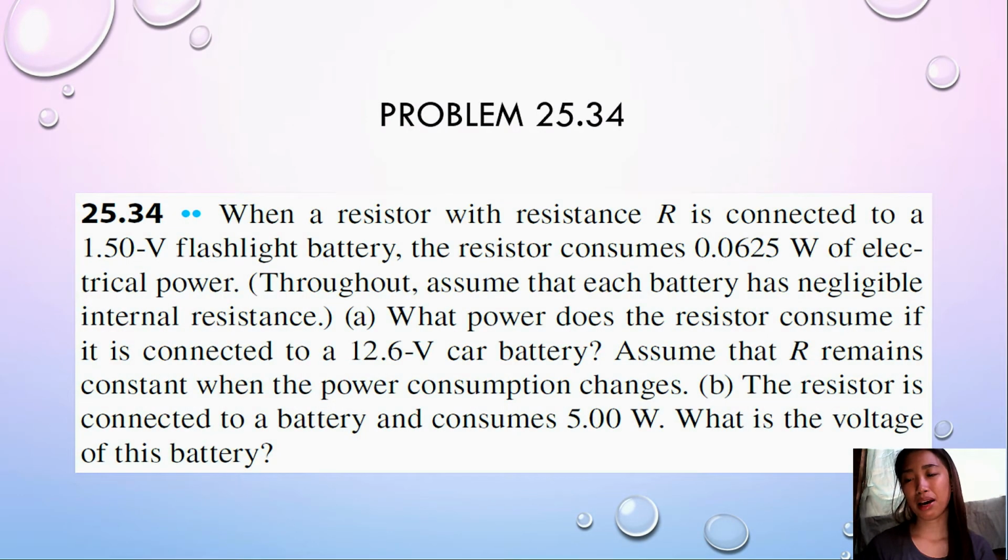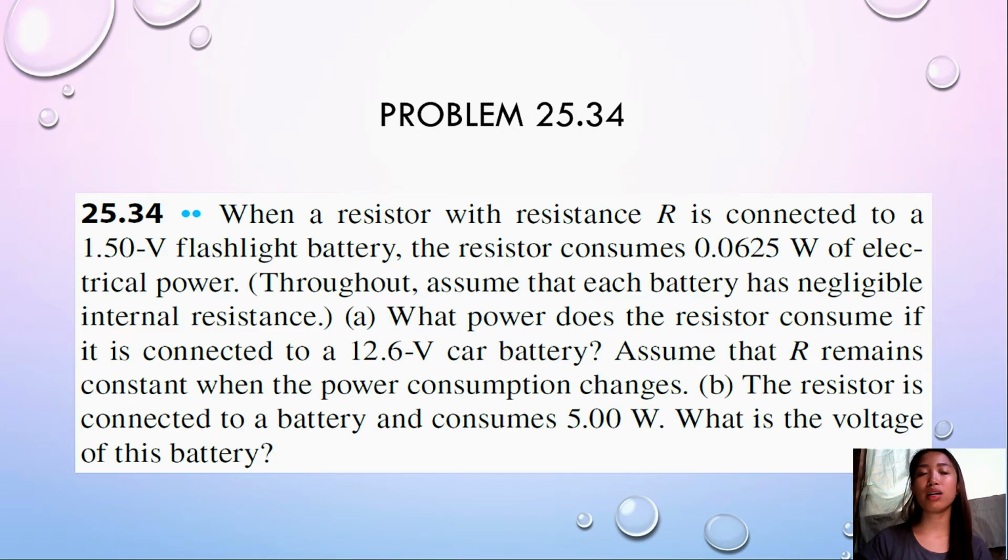Hi everyone. So now we will be talking again about a problem from University Physics. So today, we will have problem 25.34. When a resistor with a resistance R is connected to a 1.50 volt flashlight battery, the resistor consumes 0.0625 watts of electrical power.